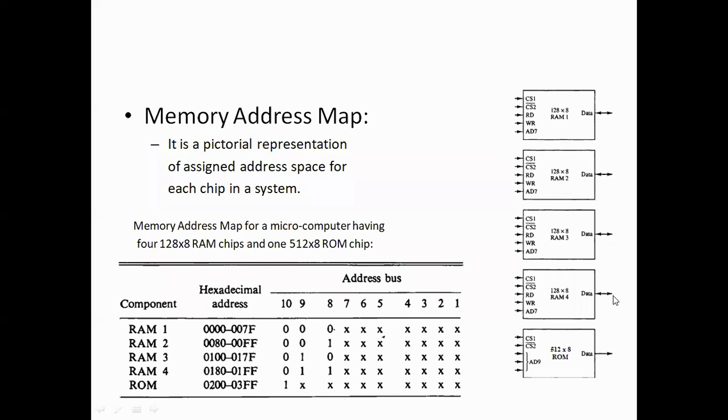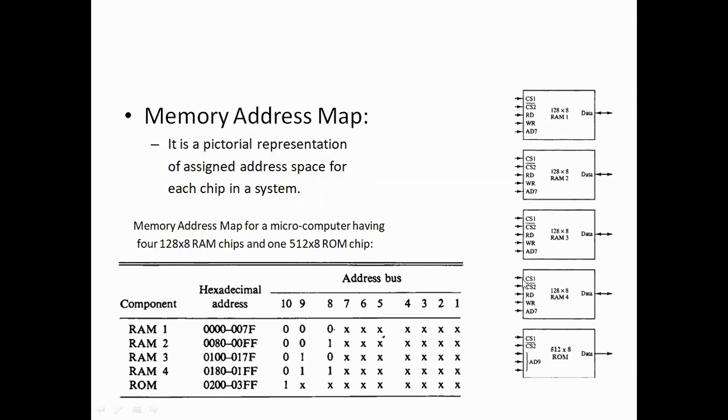And in this example, what is the total size of memory? We will add up all. This will come up to be 1024 into 8. So the total size of memory, which includes 4 RAM chips and 1 ROM chip, if we add them up, becomes 1024 into 8.